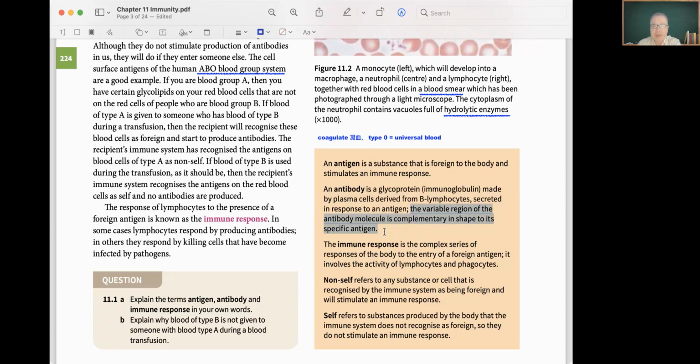I think it's very understandable. But we have not mentioned the plasma cell derived from B lymph cells secreted in response to an antigen. We have not mentioned what a plasma cell is, or what the B lymph cells are.